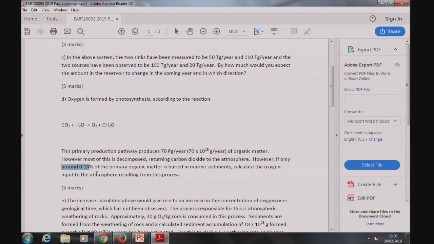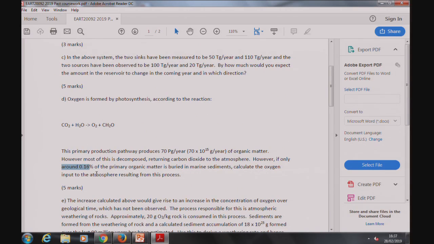So we take our 70 petagrams, 70 times 10 to the 15, and multiply by 0.16%. 0.0016 is 0.16 divided by 100, and that gives us, this is grams, 112 petagrams per year.